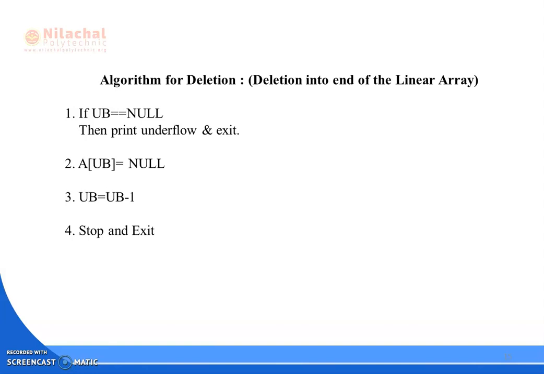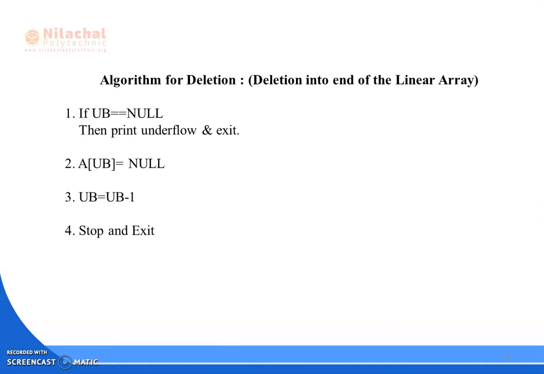But still there is a problem: a of 3 is still taken as the upper bound position. But we don't want the upper bound position to be a of 3. Obviously, as the data is deleted from the end of the linear array, we need the previous data position as the upper bound.